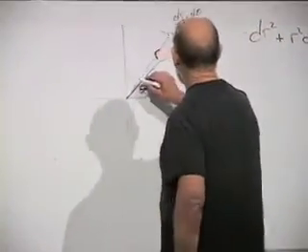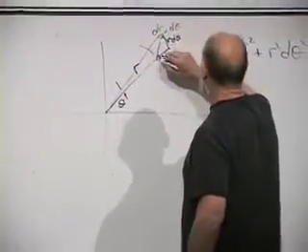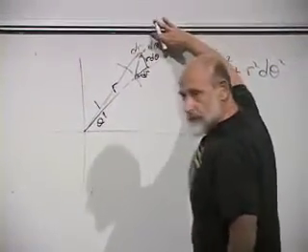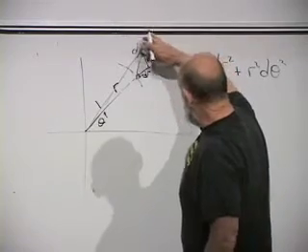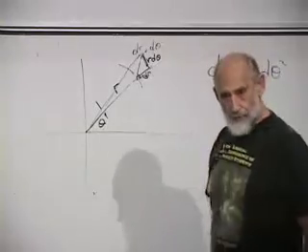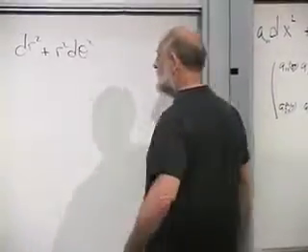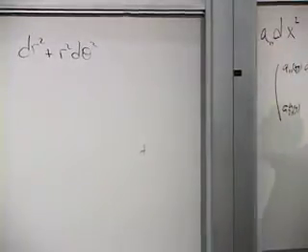No matter how small d theta is, if you go far away, the distance grows. So the distance along the d theta side here is proportional to r. Arc length is always r d theta.